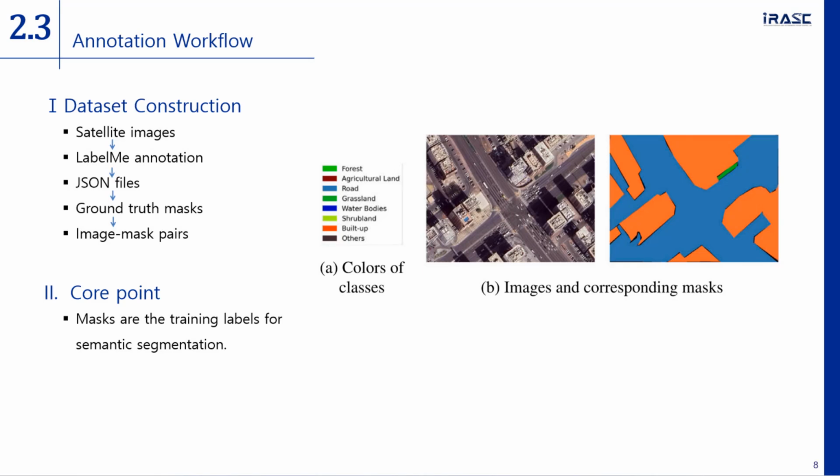A mask can be understood as the correct answer for model training. The satellite image is the input, and the mask is the label. Finally, each image and its corresponding mask form an image-mask pair for semantic segmentation training.